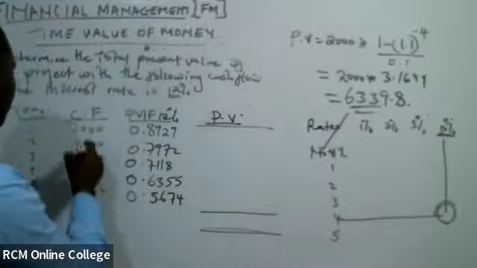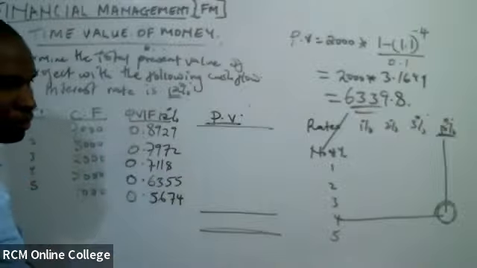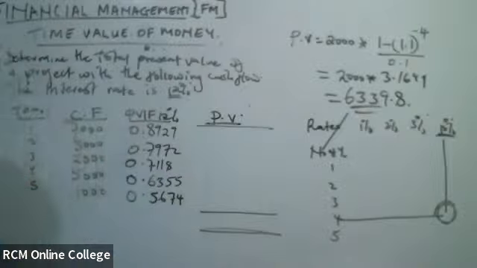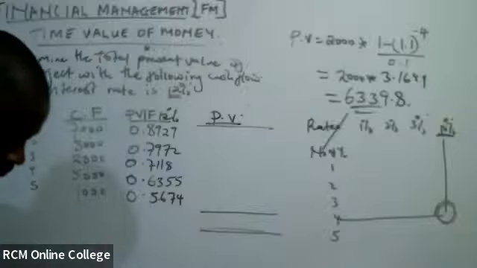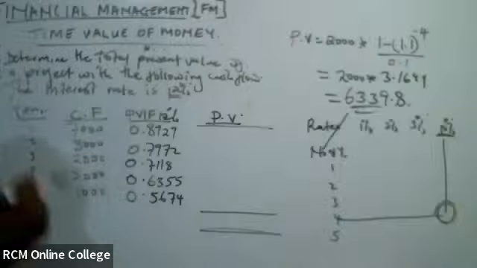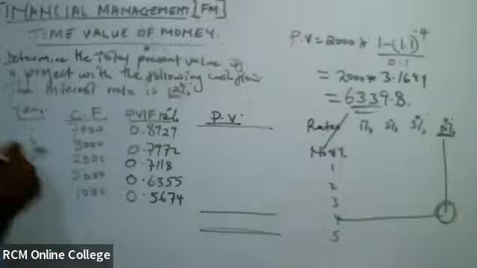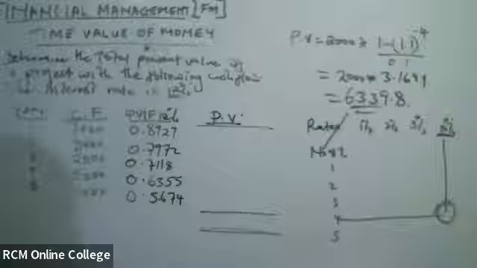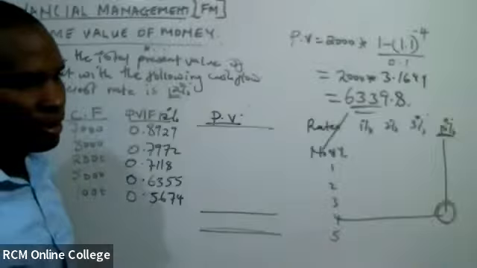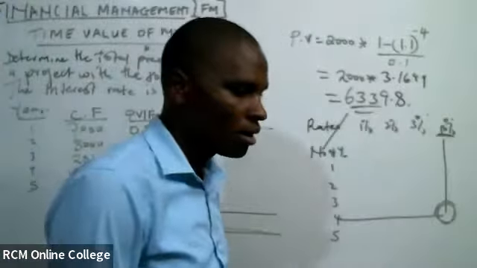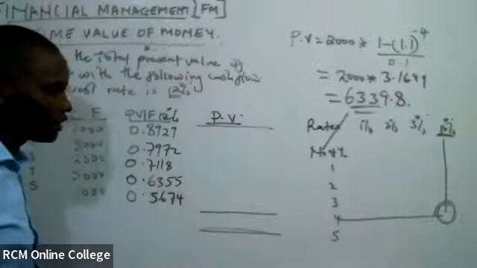It is 7,000 times this. Maybe to 1 decimal place. Now this is a matter of multiplication. 7,000 times 0.8929. 1 decimal place, sawa. Let's wind it up.